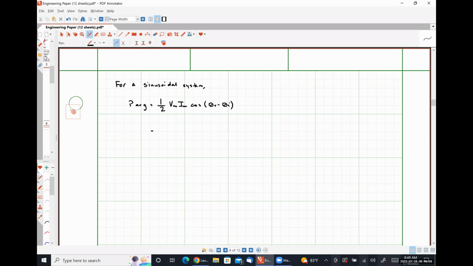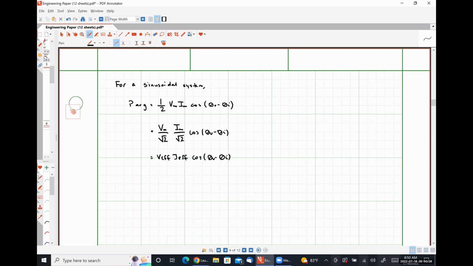We could rewrite this expression as Vm over the square root of 2 times Im over the square root of 2 times cosine theta V minus theta I, or simply V effective times I effective cosine theta V minus theta I. Okay.